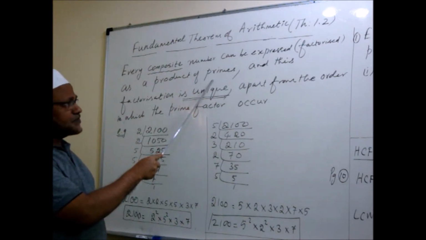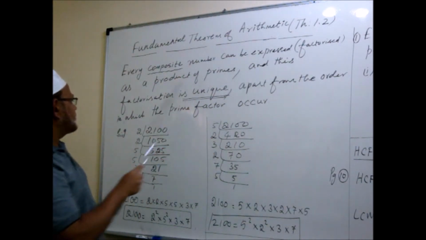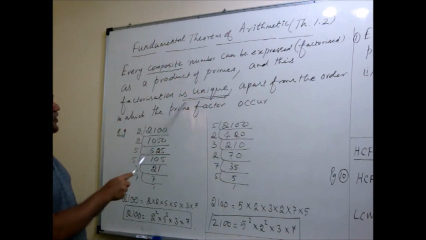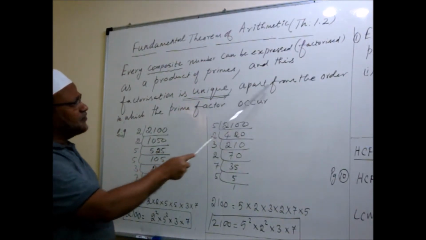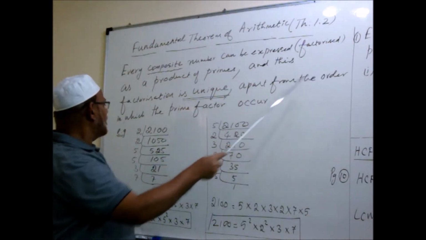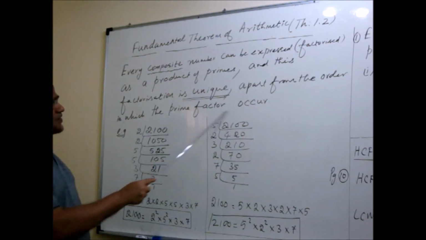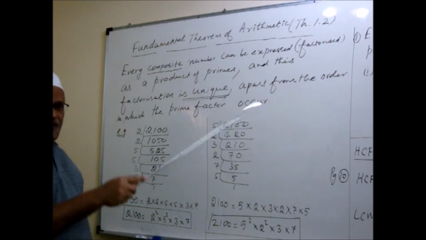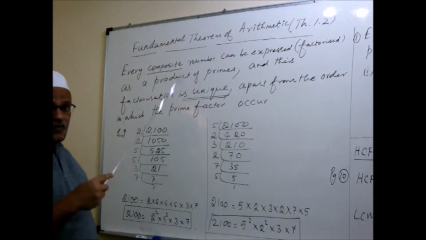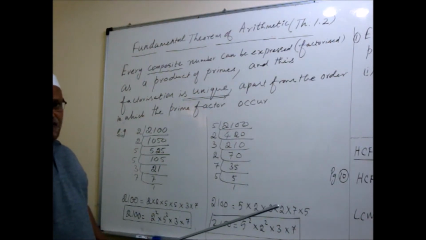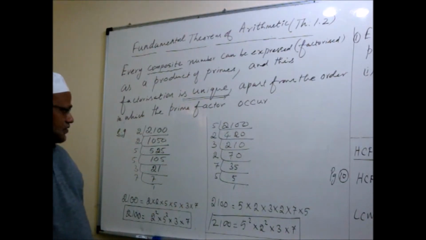And this factorization is unique, only one way, apart from the order in which the prime factors occur. Means the prime factors can occur in a different order, but those factors will be exactly the same, whatever the order in which they are coming.